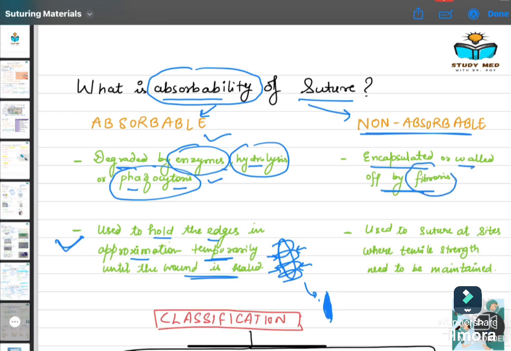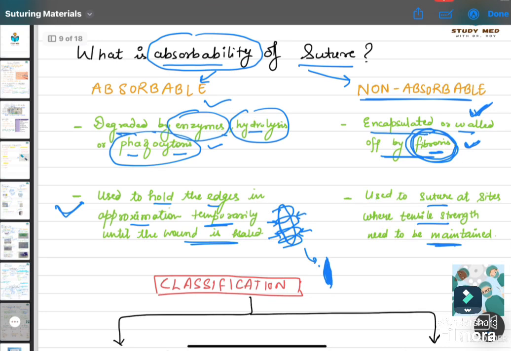This is an important thing. It becomes a part of your body by means of fibrosis, and is used to suture at sites where tensile strength needs to be maintained. The very basic difference: absorbable material is degraded by hydrolysis, phagocytosis or enzymes, while non-absorbable material is encapsulated, walled off by fibrosis.